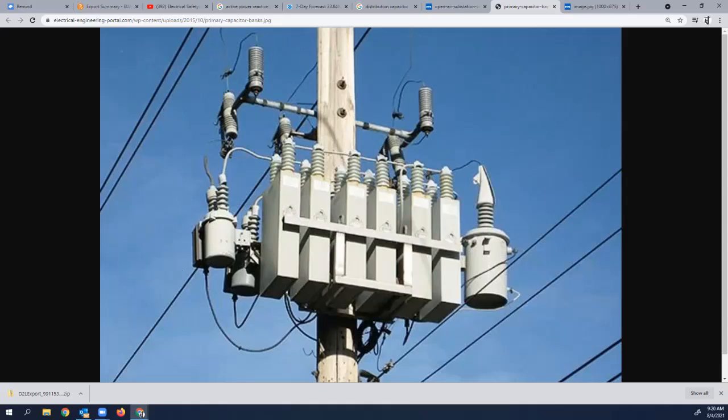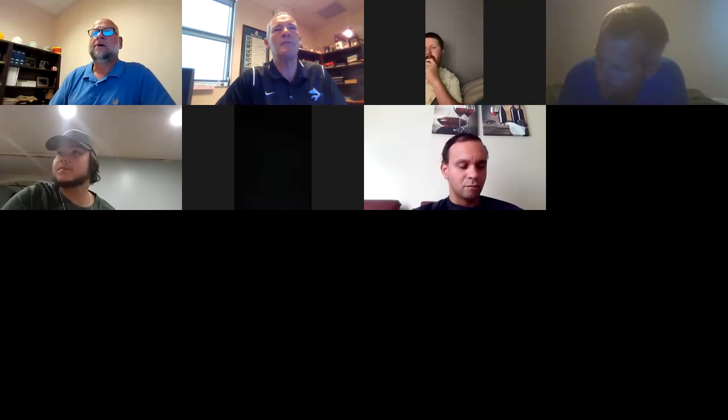Okay, with no answers there, let's go back and I'll go to a white screen here and we'll refresh ourselves. Inductive loads? Inductive, true. They help offset inductive loads. And what are certain types of inductive loads that we have out there on our system? Anybody remember what an inductive load is?